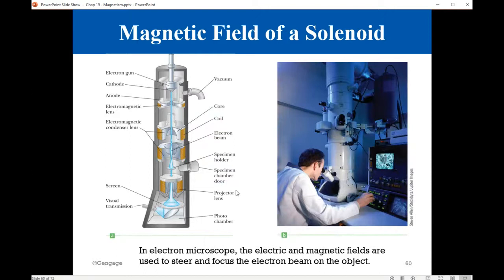The same technology is used in electron microscopes. Electron microscopes are sophisticated technological instruments that are used in advanced research to allow us to see a single cell. So here we use a beam of electrons in the electron microscope rather than a beam of light as in optical microscopes. And to steer the beam of electrons, which is a beam of charged particles, we use electric fields and magnetic fields.